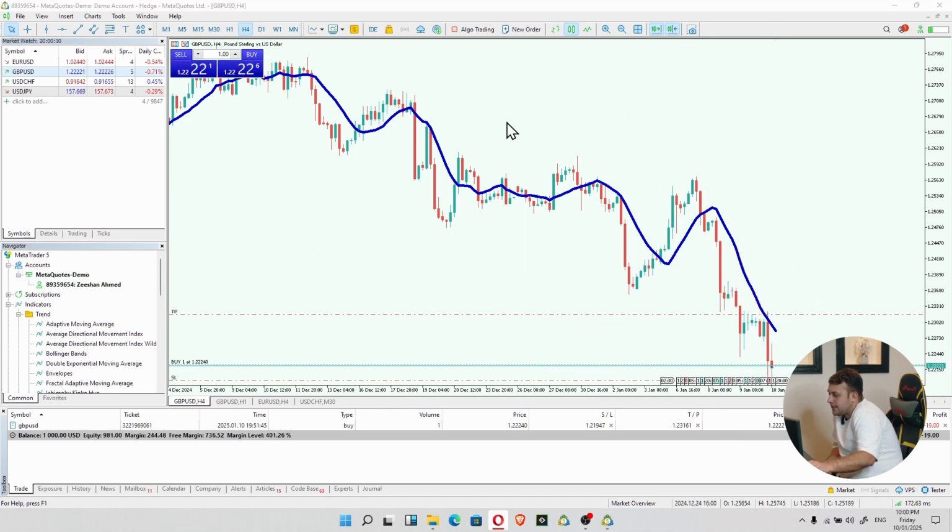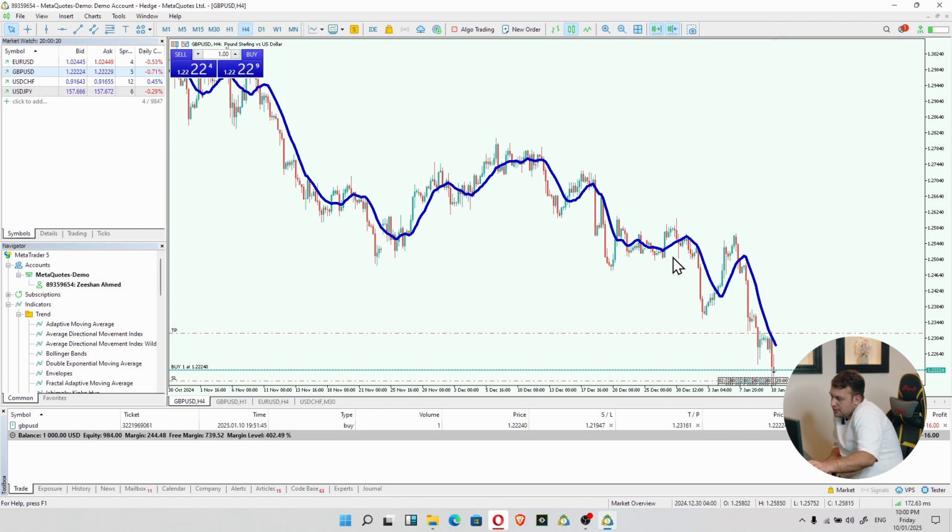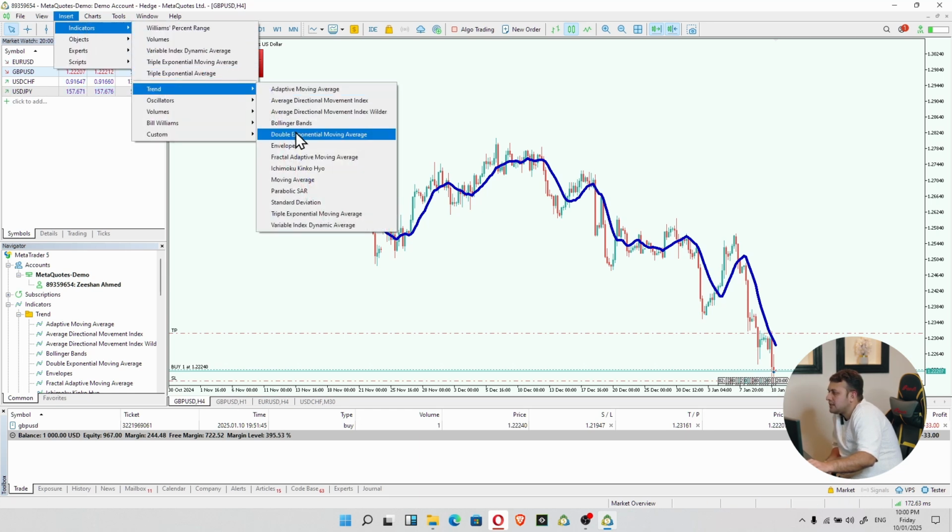So if you look here, without making any line or any drawing, we can easily see the market is going down, and this is just by the moving average. So this is the part where indicators come from. People use mostly the MACD to get the signal.